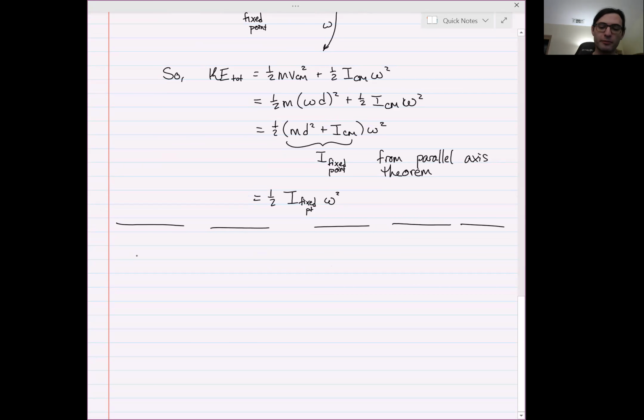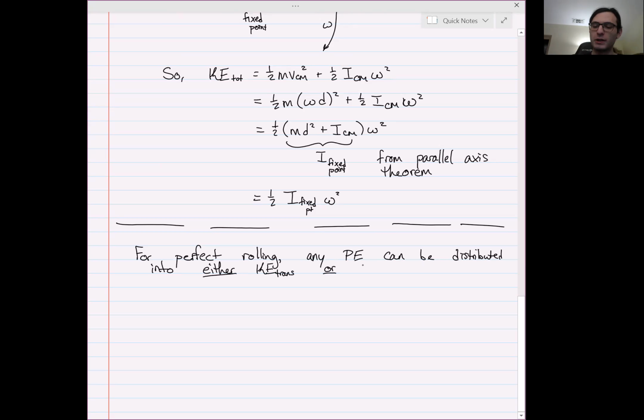For perfect rolling, think of a disk rolling down a hill. Any potential energy can be distributed into either the translational kinetic energy or the rotational kinetic energy, or both.